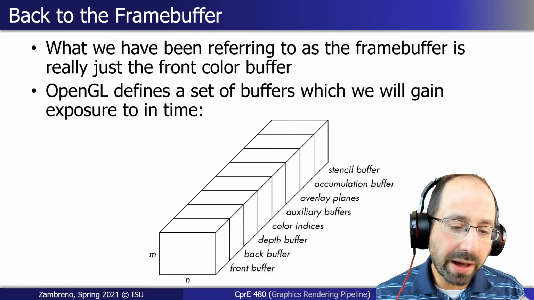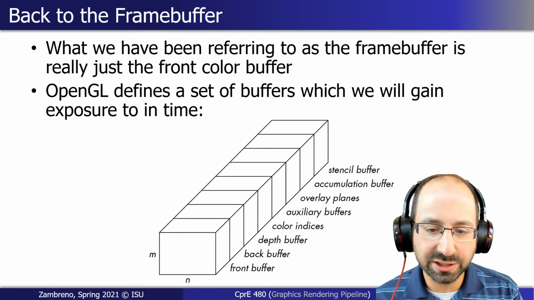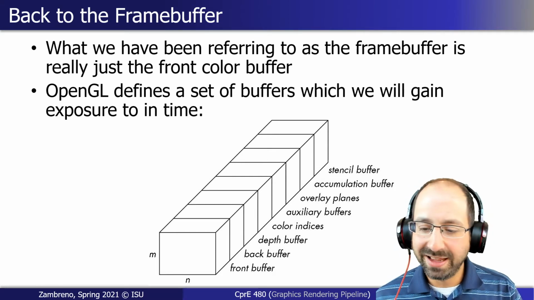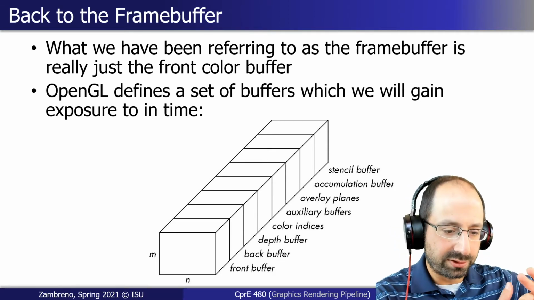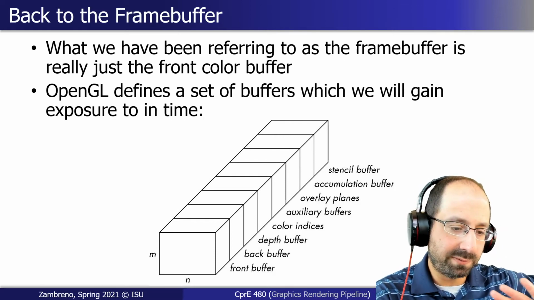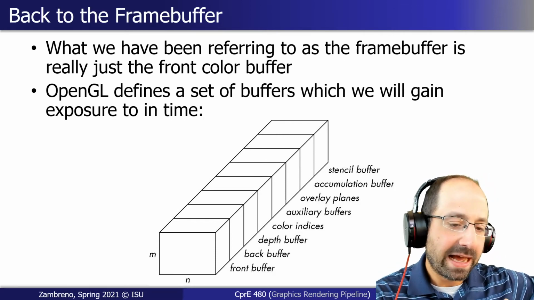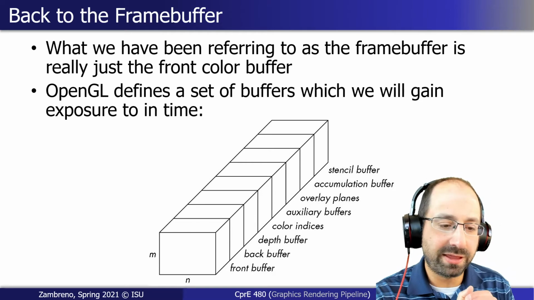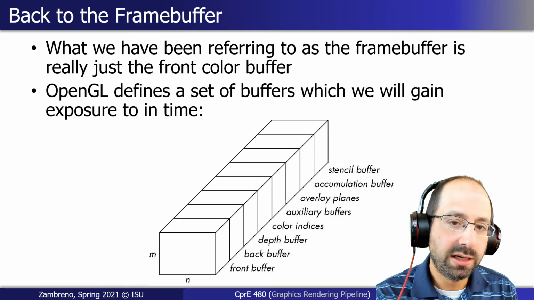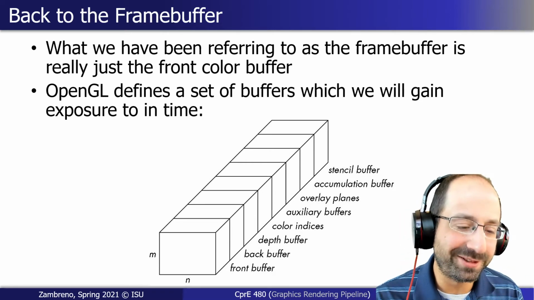So when we think about our frame buffer, and this slide's actually from the very first day of the semester, there's multiple of these buffers potentially specified here. At the very least, our color buffer is actually a couple different buffers, right?